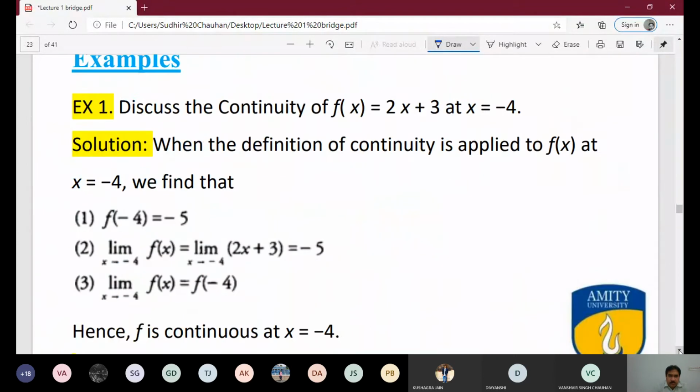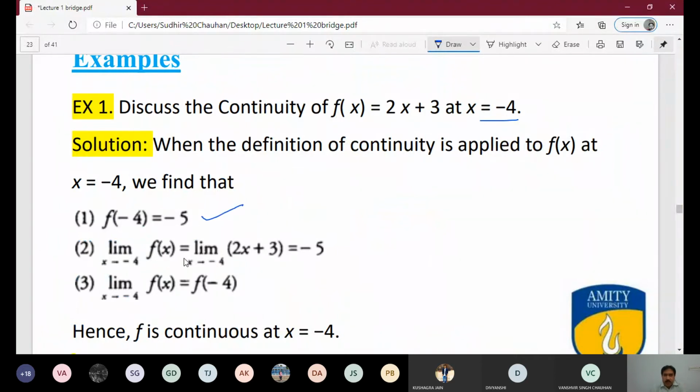So here we have some examples on continuity. For example, we have to discuss the continuity of the function f(x) is equal to x plus 3 at x is equal to minus 4. So we'll check the value of the function at x is equal to minus 4. As we can see, its value is minus 1.